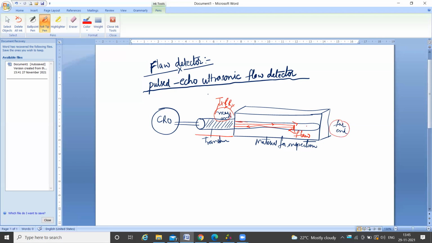So if it travels from the near end to the far end, it indicates that there is no flaw in between. If any ultrasonic wave transmitted by the transducer travels deeper into the material under inspection and returns back within a shorter period of time, it indicates that something has been found.